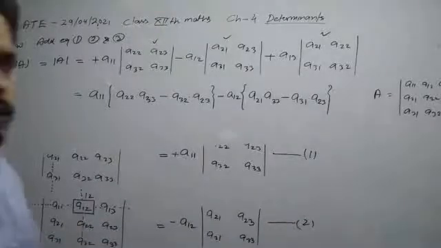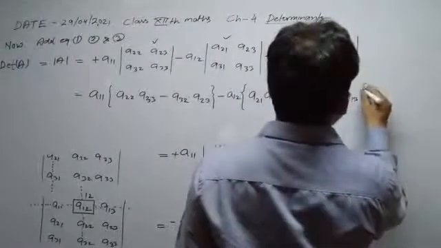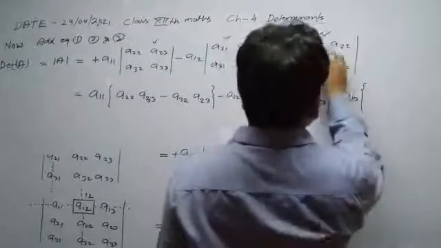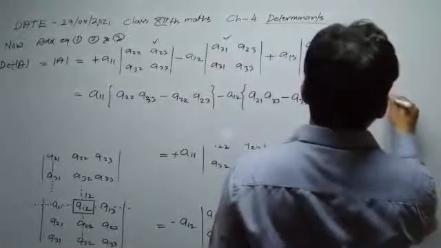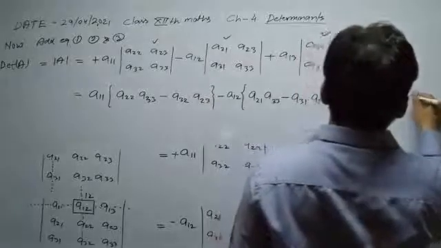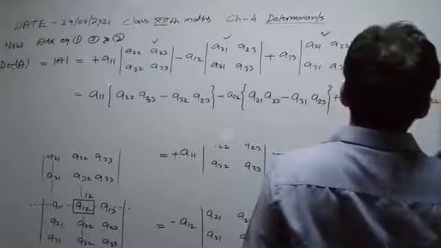For third, plus A13, A21 cross multiply from top to bottom, A21, A32 minus A31 into A22.